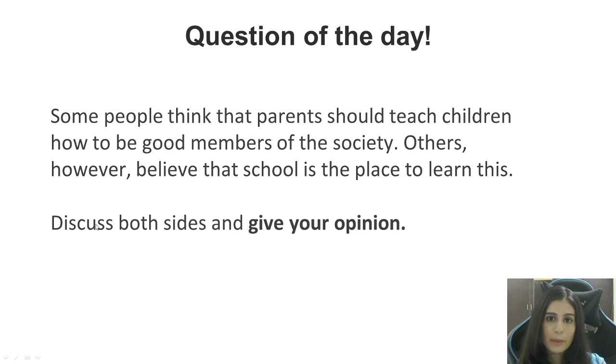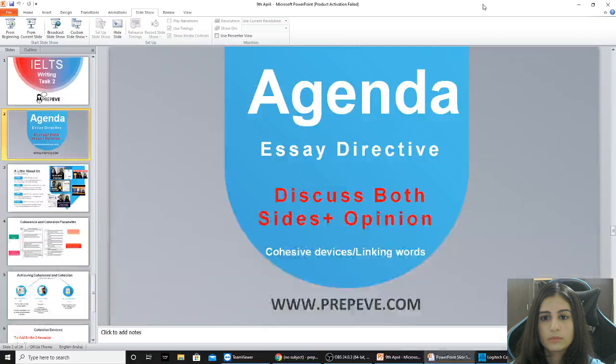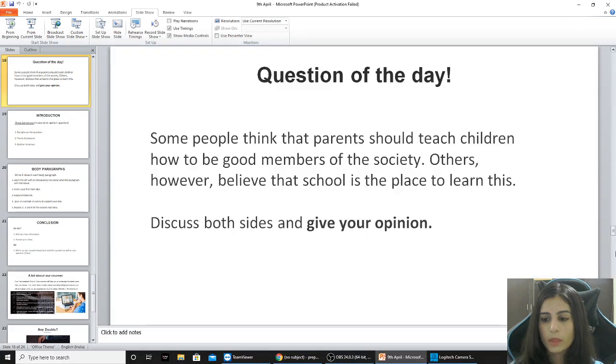So Group A supports parents, Group B supports school, and now you have to tell what you think. You have to give your opinion today. So what would be your opinion? Read the question, understand it, and then let me know your opinion.